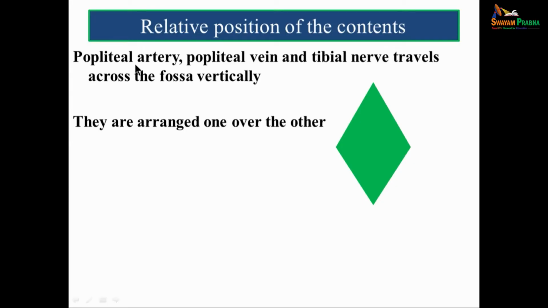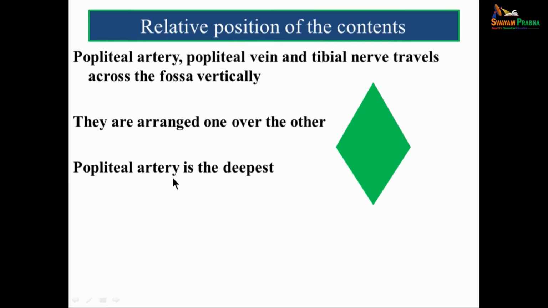The popliteal artery, popliteal vein and tibial nerve travel across the fossa vertically. Just see this picture here. Let us take this as the outline of the popliteal fossa. Now you see the popliteal artery, popliteal vein and tibial nerve are traveling across the fossa vertically and they are arranged one over the other.